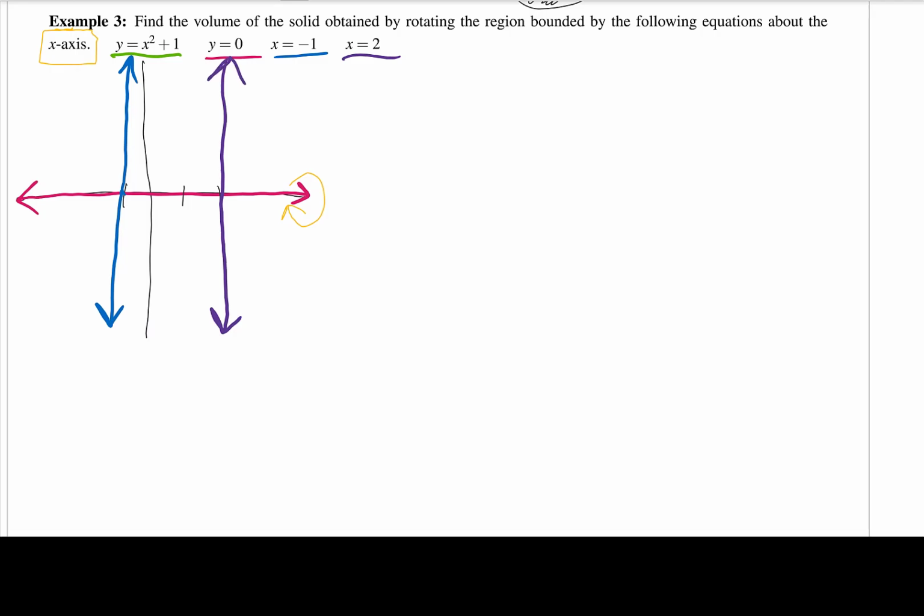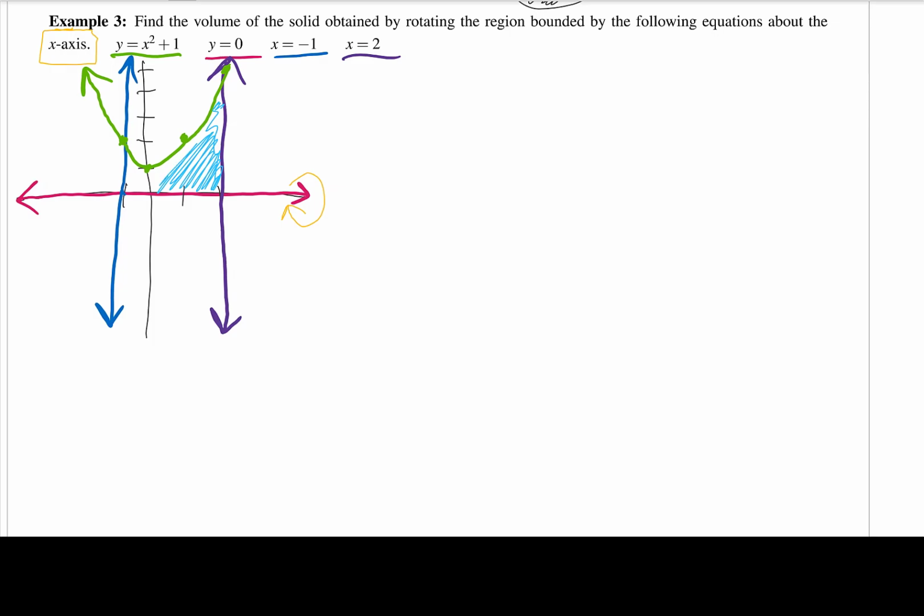And if I have y equals x squared plus 1, well, that would look like, let's see, 1, something like that. Okay? And so the region bounded by these 3 curves is going to be this region in here.